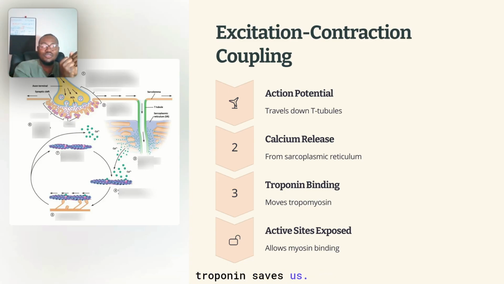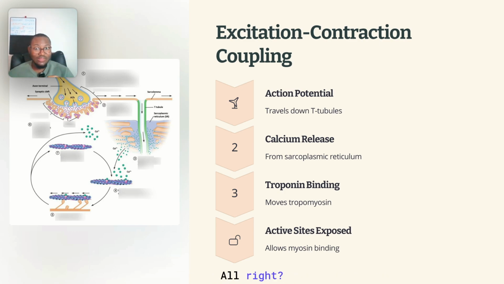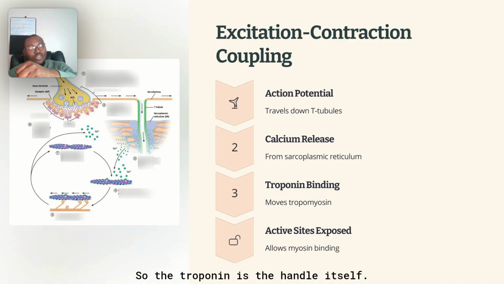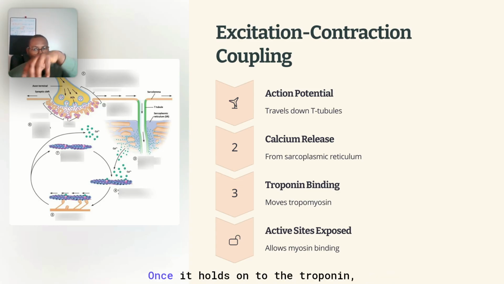Oh, troponin, save us. I want you to think of the troponin like a door handle. All right? You hold the door handle and you open the door, correct? So the troponin is the handle itself. Calcium will come and hold onto the troponin. Once it holds onto the troponin, it will open the door. So that door is signifying what?